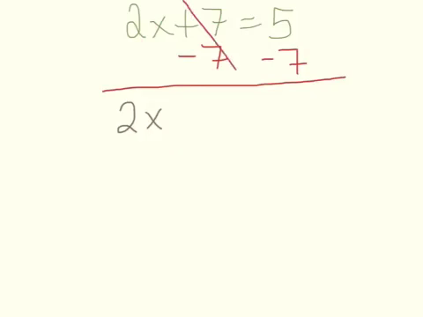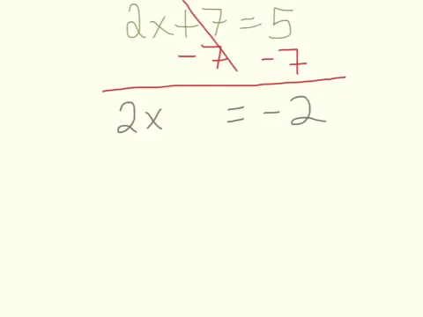That cancels out to 0. We're not going to write 0, we're just going to cross it out. Okay? I'm going to bring down my equal sign. And then I have 5 minus 7. You can put that in your calculator if you have a problem with negative numbers. Okay? But 5 minus 7 is negative 2.